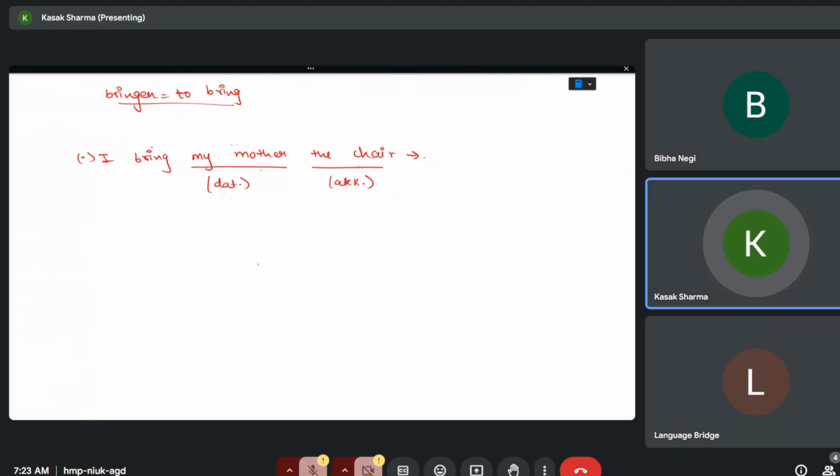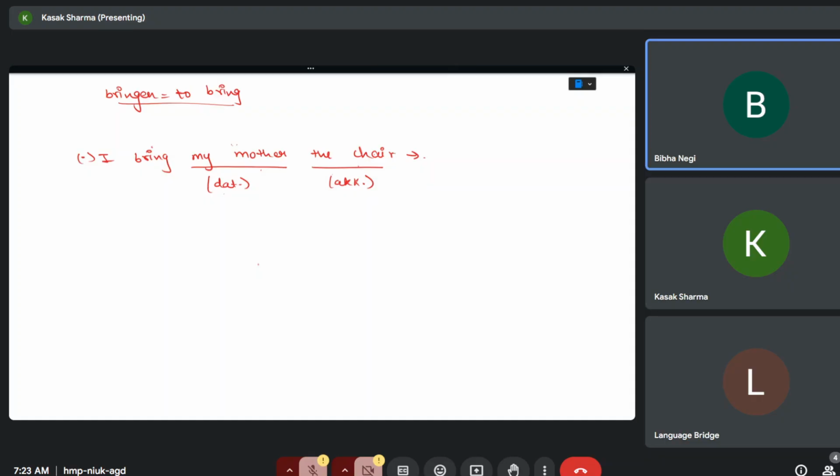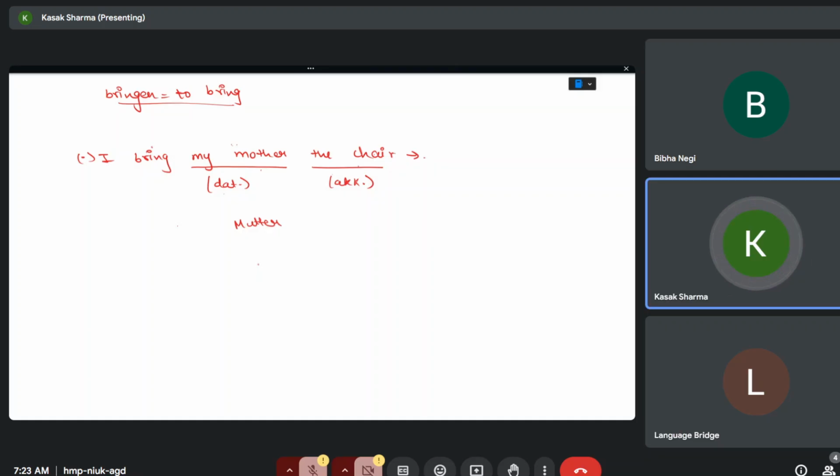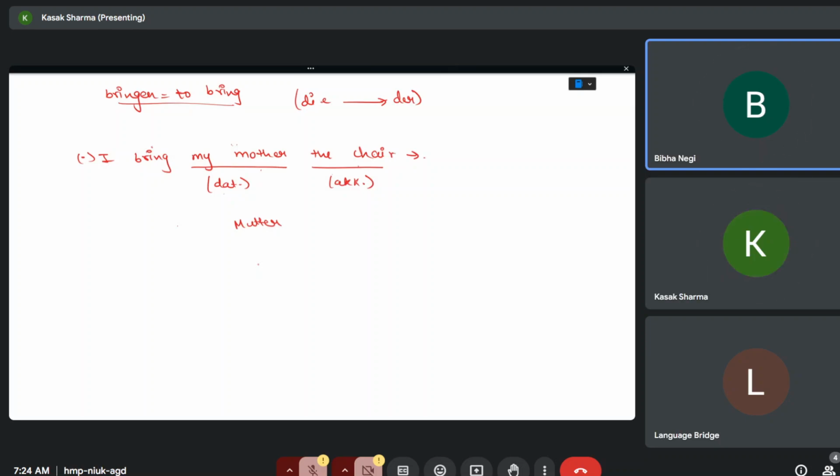I know that my mother, die Mutter, in dative will be what? Try. What does it change to in German in the dative case? It will be meiner Mutter.